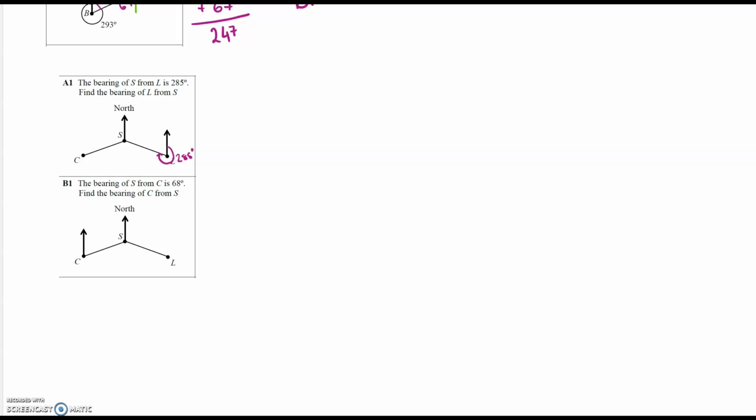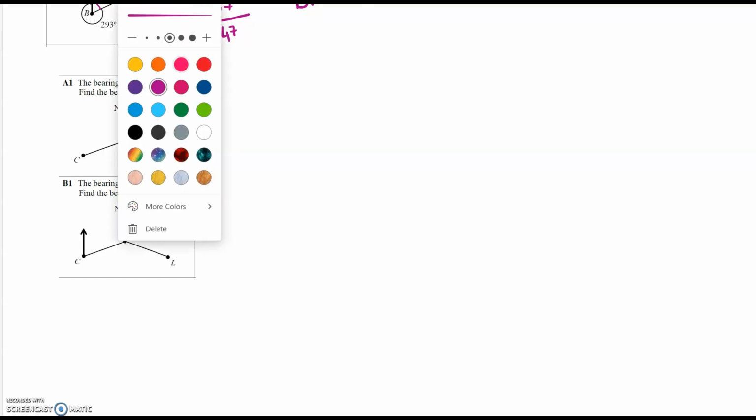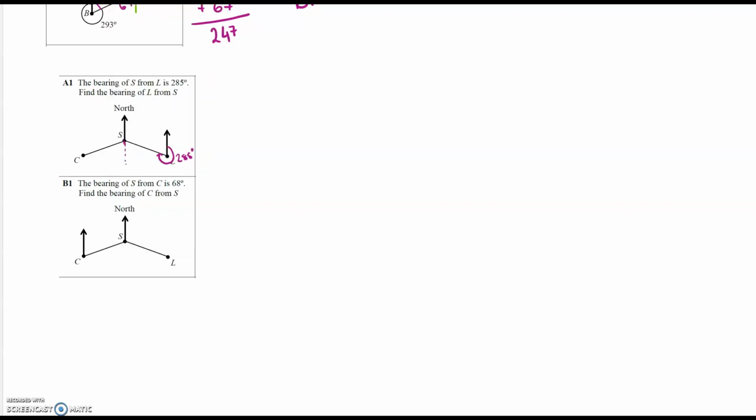So in this case, I'm just going to put in these parallel lines in here. If I know that that's 285, then to make up to 360, I must have an angle in here of, well, 15 and 60, 75 degrees. So I've got 75 there. That means I've got another alternate angle there of 75 degrees.